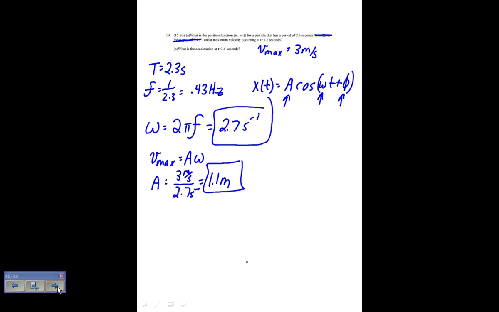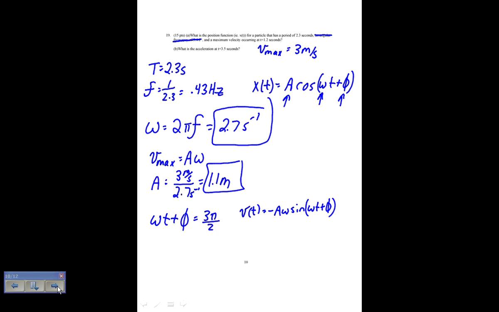Well, I know that the maximum velocity occurs at t equal 1.2 seconds. And for the maximum velocity to occur, omega t plus phi has to equal 3 pi over 2. Remember, the velocity as a function of time is negative A omega sine(omega t plus phi).